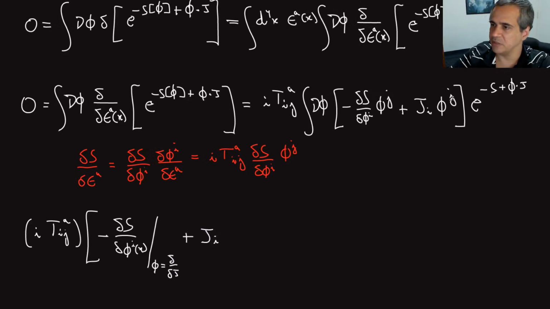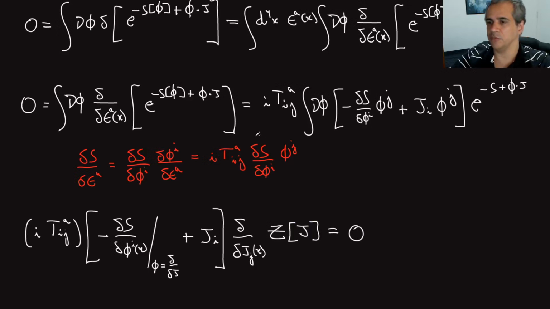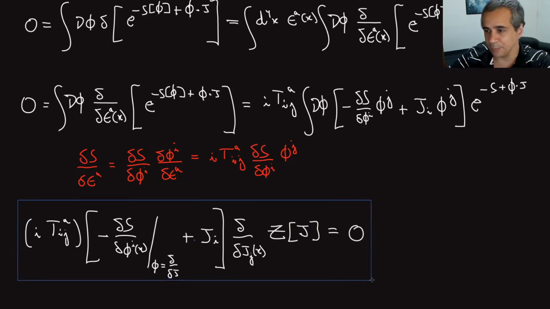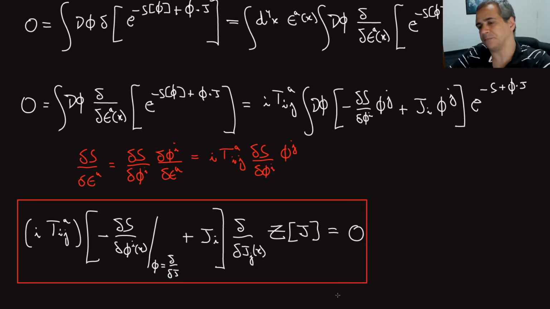Still missing these two fields here, which I bring outside as a derivative in j of x. These two came here. And all of that is applied to the integral of the exponential, which we know as Z of J, and that's equal to 0.